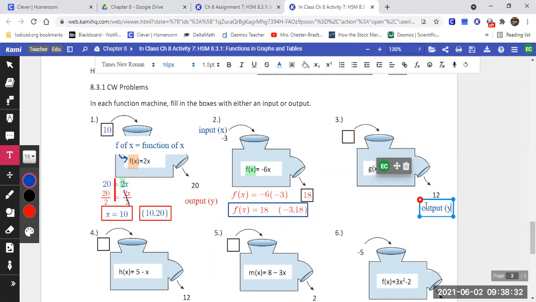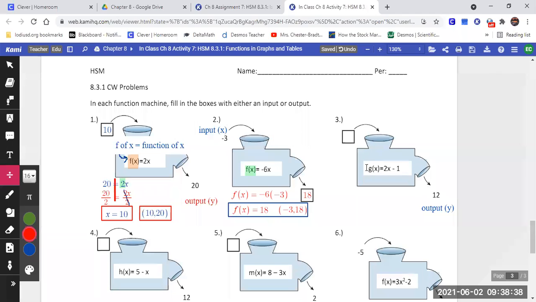The Y, which is another way of saying F of X, G of X, remember? So it's replacing that G of X. So the 12 has to equal 2x minus 1. No big deal. Balance beam ready.